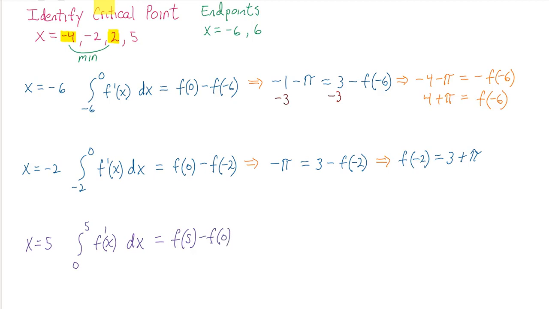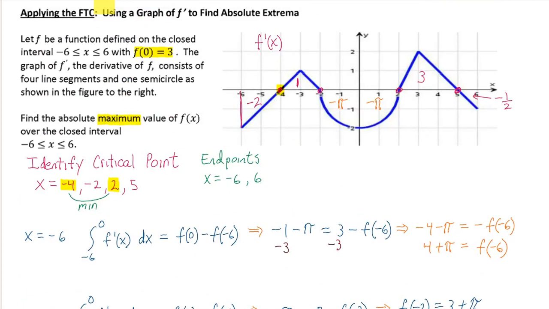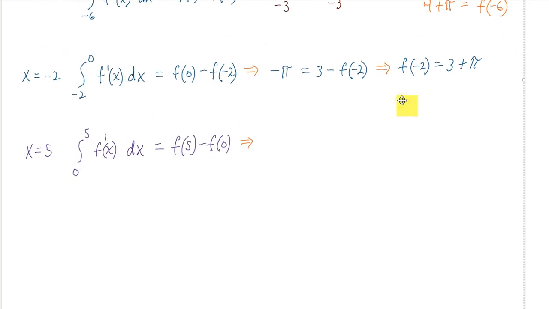All right, so let's take a look at this guy. I need the area from 0 to 5 this time. From 0, we're looking at negative pi plus 3 gets me all the way up to 5 here. So the left side is negative pi plus 3.